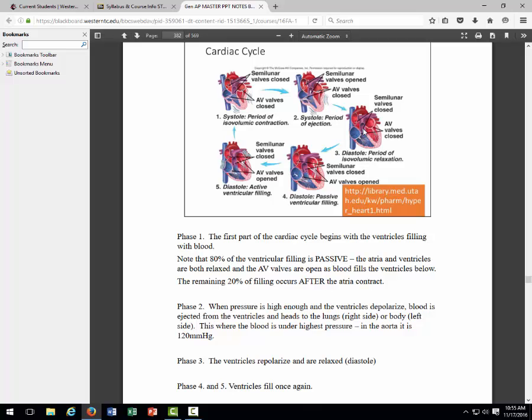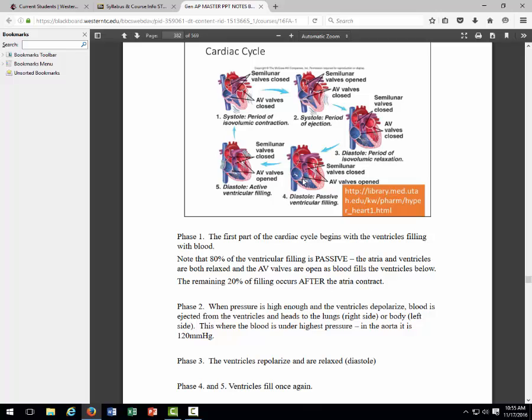That's the dup. So the AV valves have those strings attached. They're much larger, more structurally sound valves, so when they shut, we hear the lub. Isn't that like a longer sound when you say lub versus dup, right? So the valves at the base of the aorta and the pulmonary artery are smaller, and they shut and make a more distinct sound. It's the dup sound.